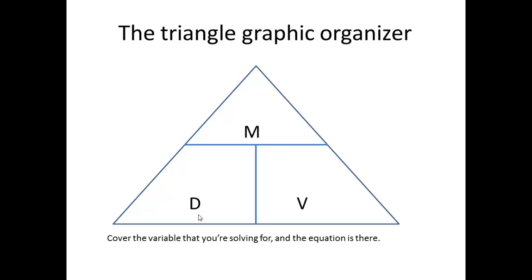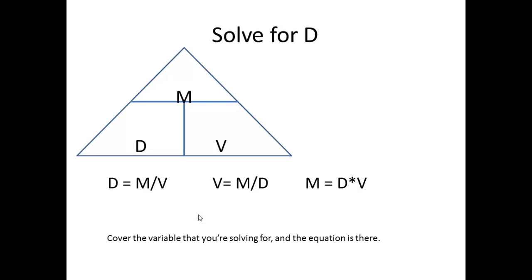And if we cover the variable M, M is equal to density times volume. So if it's above each other, you're dividing. If it's on the same side, you're multiplying. So we can get all of these different equations from just that graphic organizer. Cover the variable you're solving for, and the equation is there. So write all of these down right now, and we're going to do a quick example, and then we are going to move on to our activity.